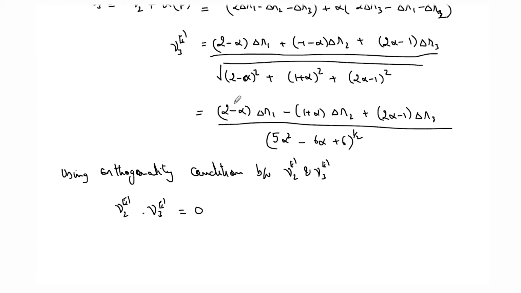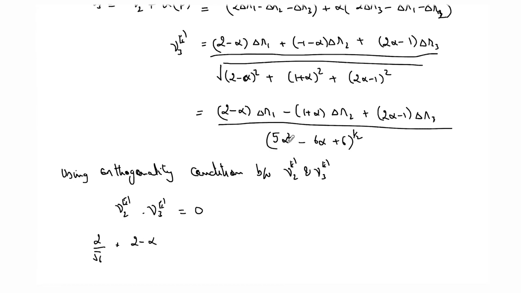So now I can multiply the coefficients and equate it to 0, and what do I get? 2 by root 6 into 2 minus alpha.